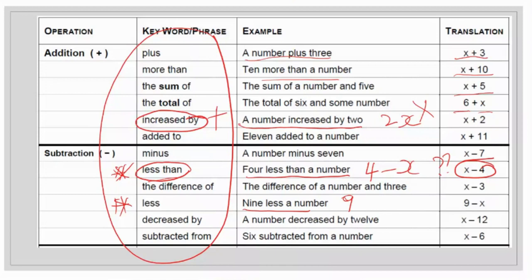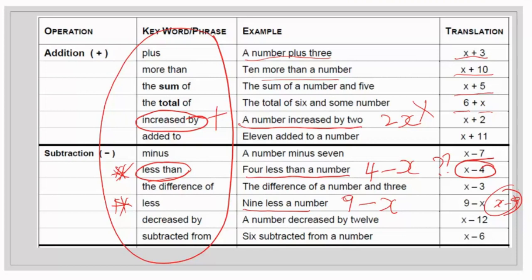You've got 9 less a number. But if you're going to say 9 less than a number, you would mean you are going to have x minus 9. Okay, be careful of the keywords, the key phrases that have got a mathematical definition.